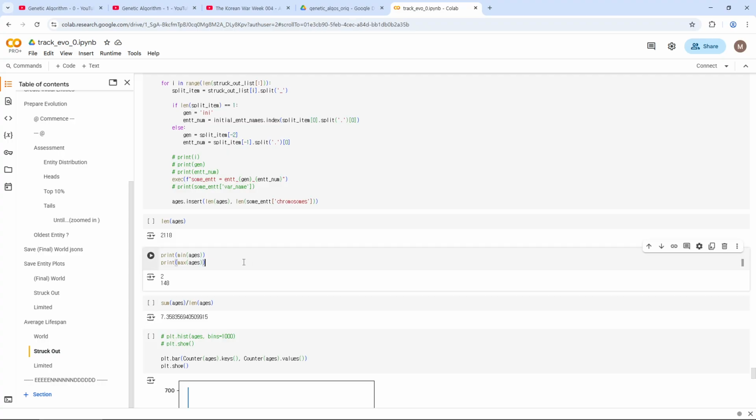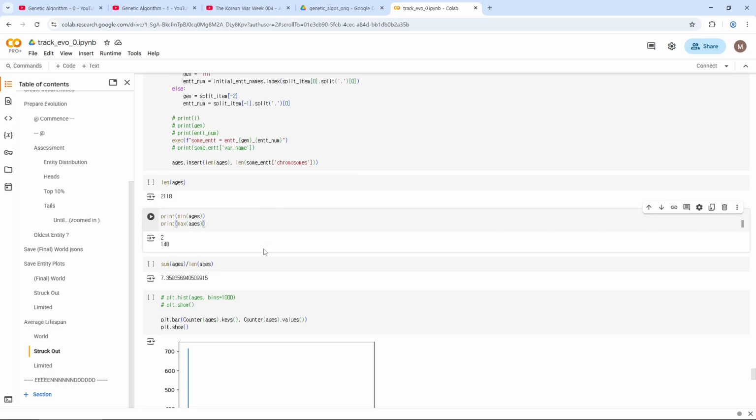So once they go through mutation, many of them would go above the threshold in terms of some constraint values, and they would be struck out.